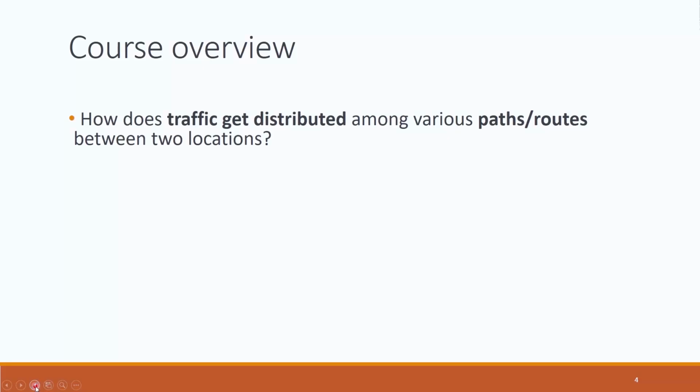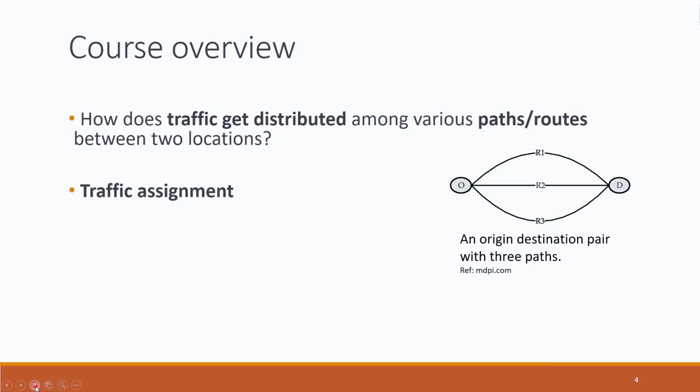networks. Another problem where the transportation networks are useful is how traffic gets distributed among various paths or routes between two locations. As an example, let us consider this case where we have an origin and a destination in this figure, and we have three routes. Now a trivial solution might be that everyone should take the path that offers the shortest length.